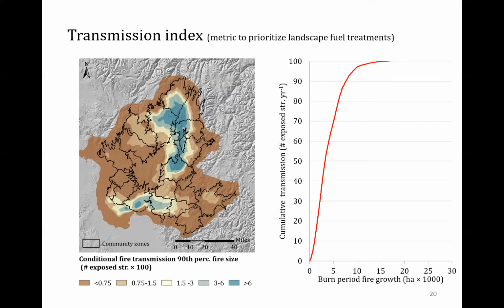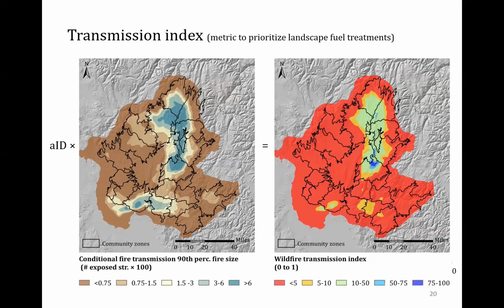We have a point file. Using a smoothing technique, we generated the conditional fire transmission. This is the number of housing units exposed given a fire of 7,260 hectares in the pixel. And to obtain the transmission index, we just multiplied this conditional transmission by the previous ignition density to capture both the spatial pattern of fire ignitions as well as the conditional exposure from fires igniting in every pixel.